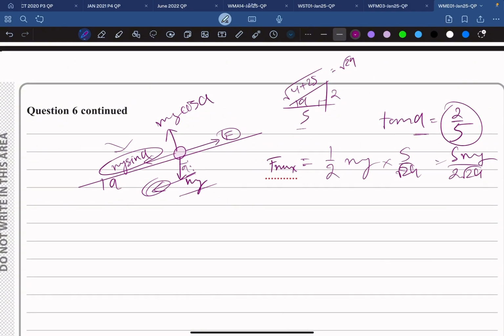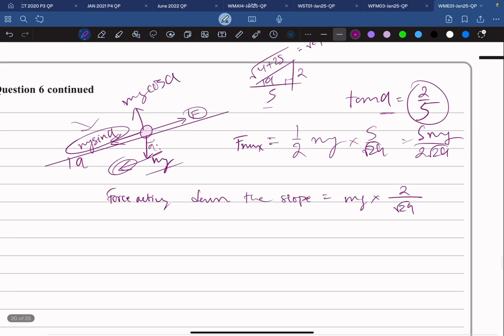Now what we want to do is find out the force acting down the slope. Downwards could imply vertically downwards, so it's best if we write down the slope. The force acting down the slope is equal to mg sine alpha. Sine alpha is opposite, that's 2, divided by the hypotenuse.